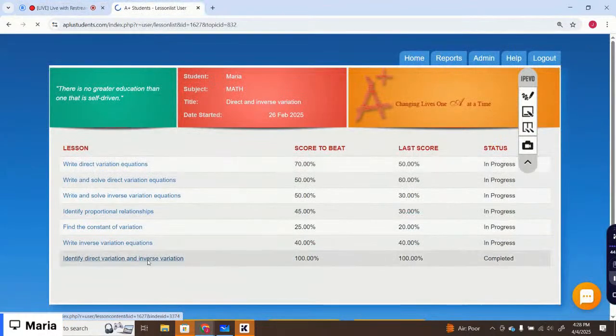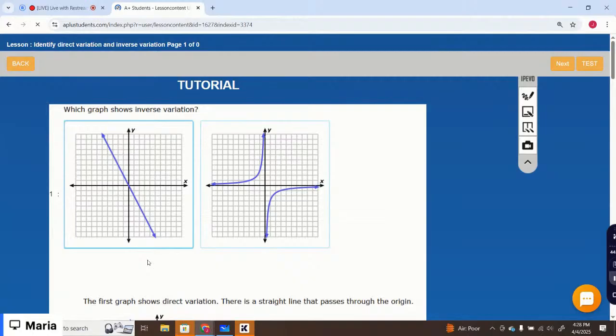The next lesson is identify direct variation and inverse variation.